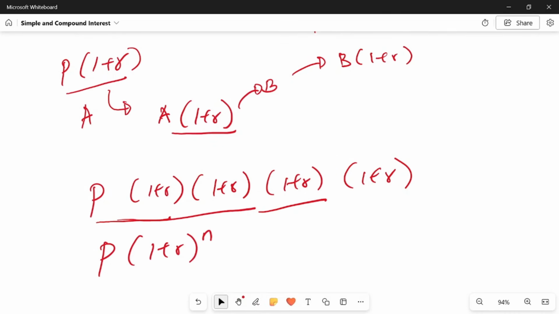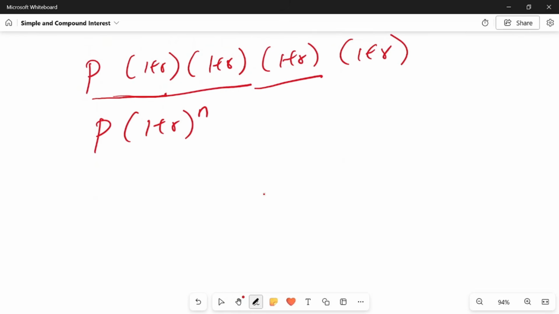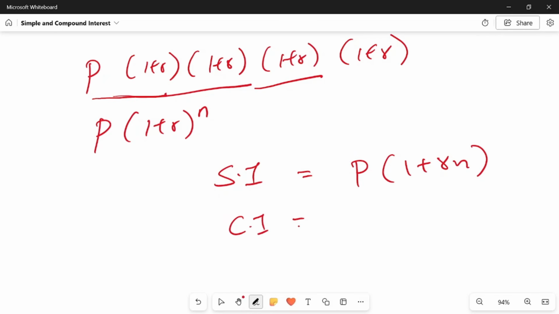Therefore, it's going to be n. So we can easily conclude that for simple interest, the formula is principal times 1 plus rate times the number of years, and compound interest is principal times 1 plus the rate raised to power n.